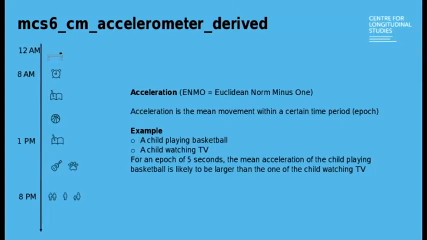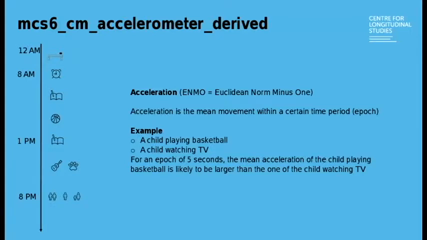There are different variables based on the strength of movement and the frequency of movement. So let us imagine, for example, a child may be playing basketball, whereas another child may be watching TV. So the acceleration for the child playing basketball is likely to be larger than the acceleration for the child watching TV.